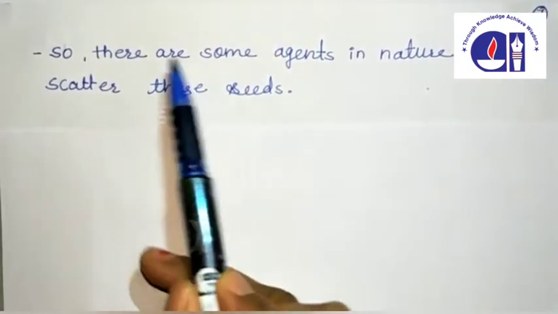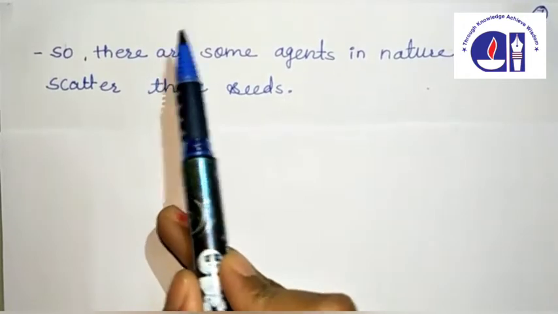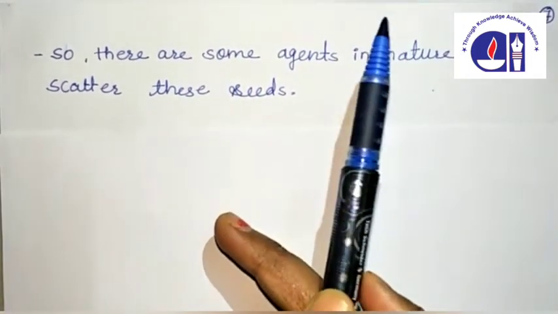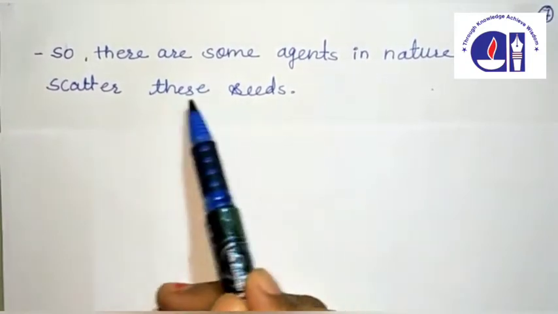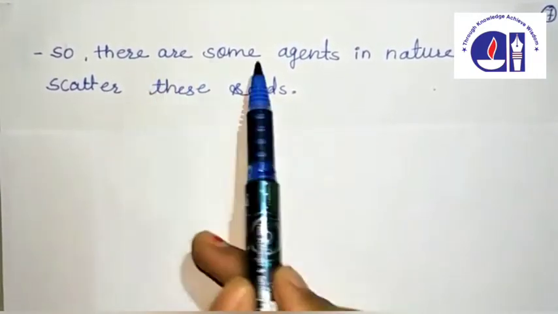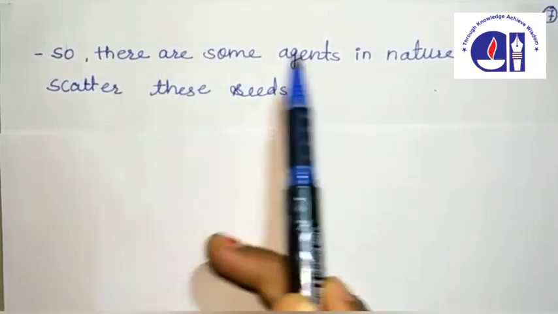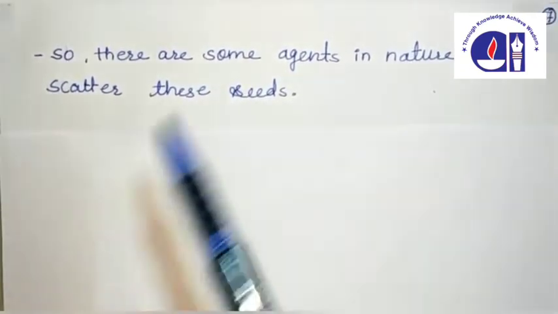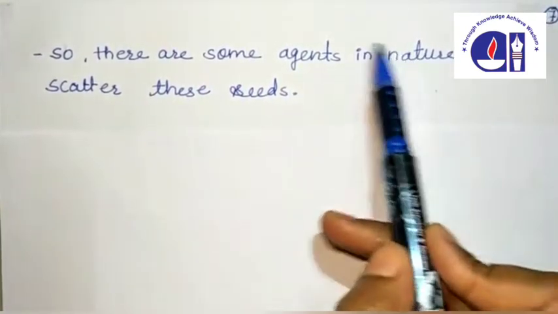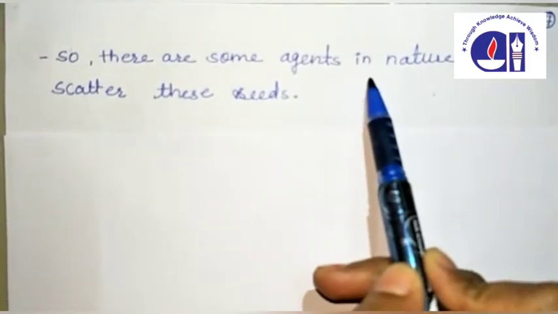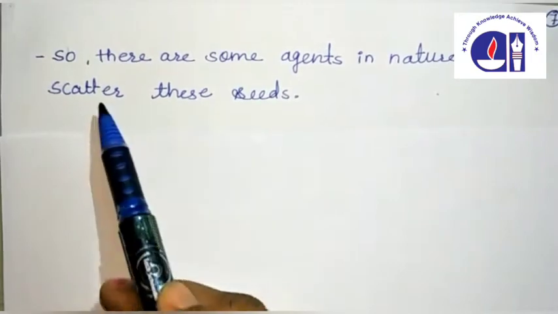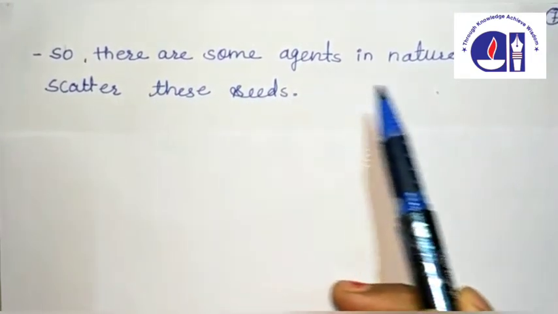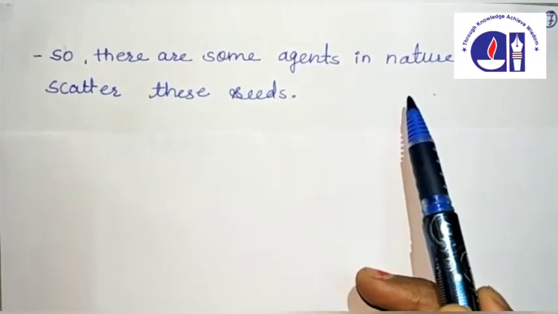We know the seed cannot move by itself from one place to another, so these agents are responsible for scattering the seeds. Scatter means to spread from one place to another place.